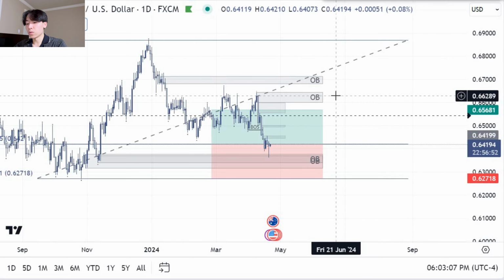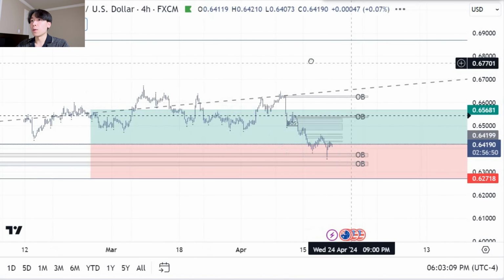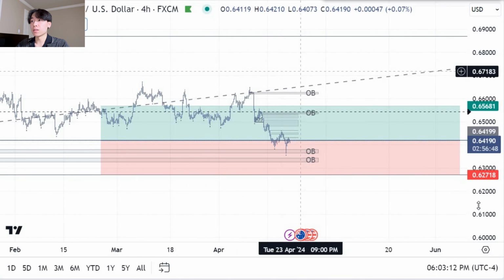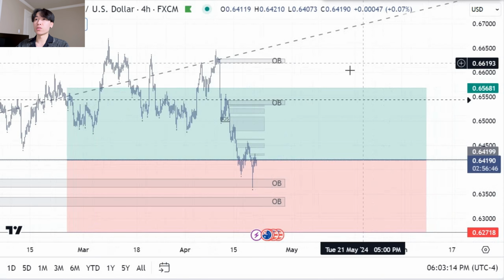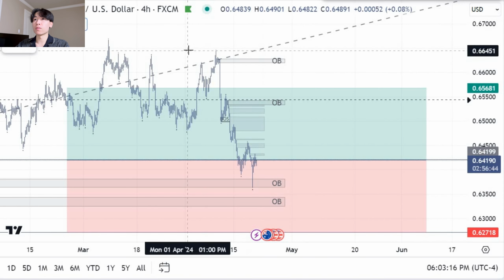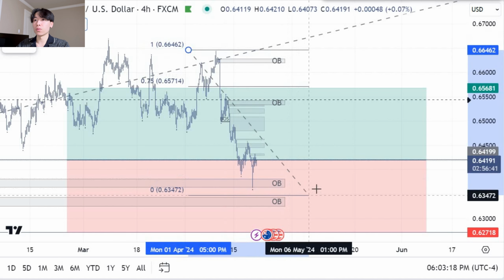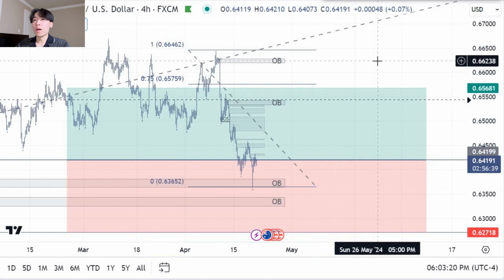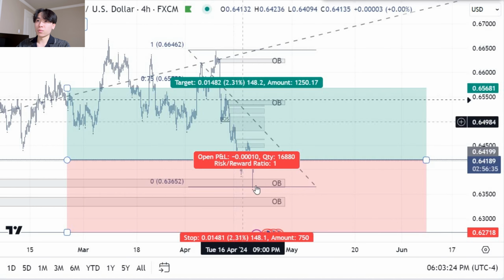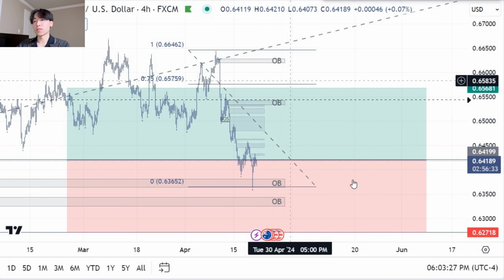And then moving on to the 4-hour chart. If I were to take a short position, I would draw the fib from this 4-hour high right here to the low. Essentially, the whole trade idea is price would come back up here and then I take a sell.